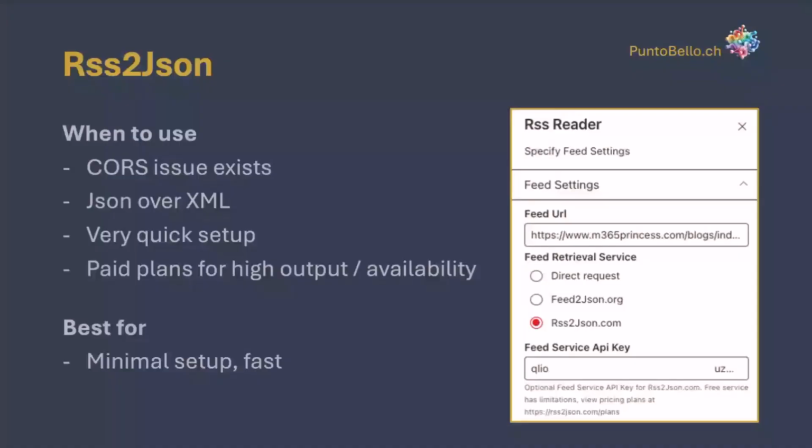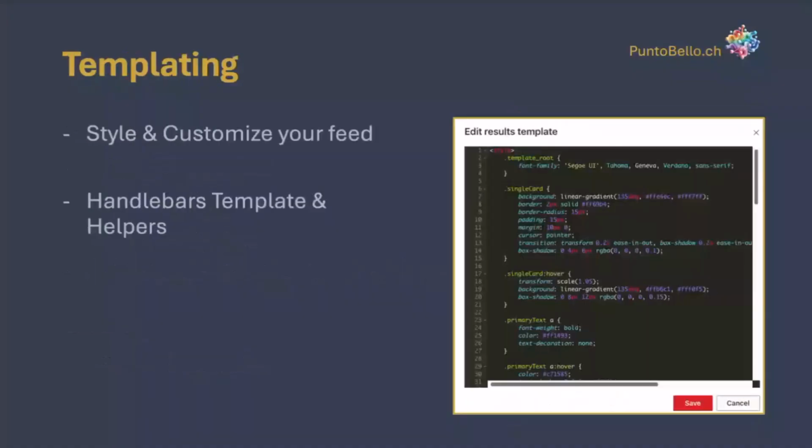You get an API key, and it's enough for little feeds. It has some delays over the feed, but for little implementations it's quite good. And the web part implements templating.